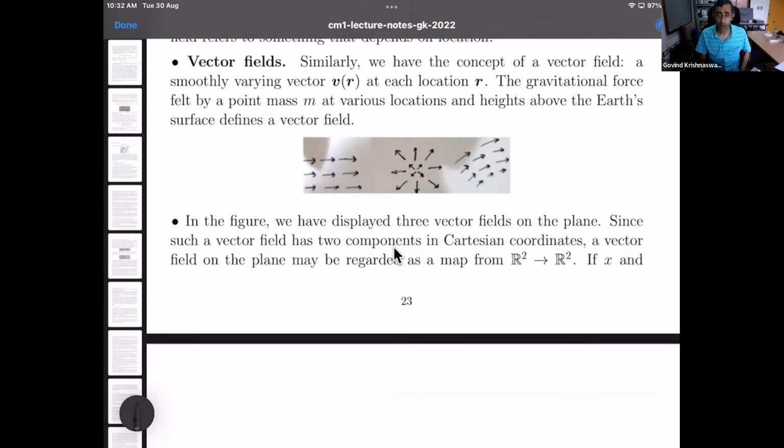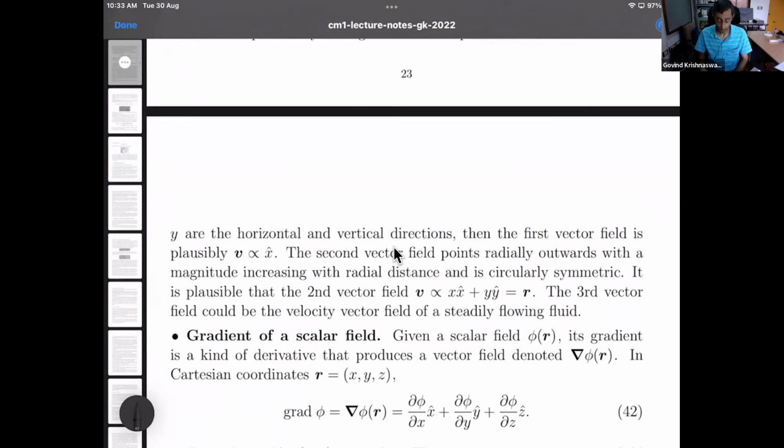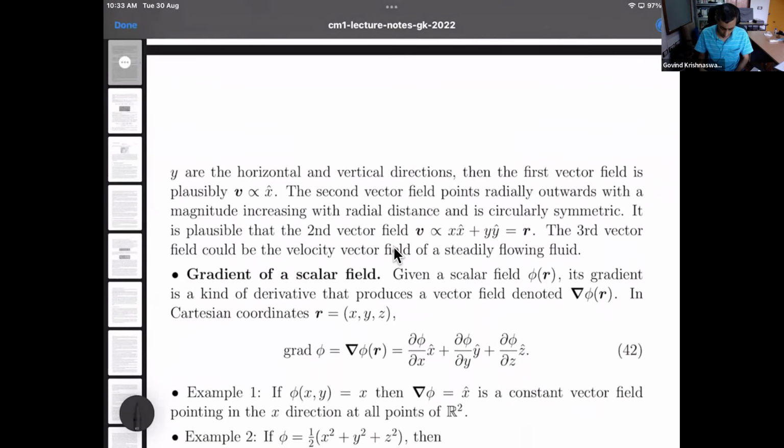And as somebody asked, the word field is used here to denote a quantity that depends on location. It has nothing to do with the algebraic concept of a field, like you meet with the field of rational numbers or real numbers and so on.